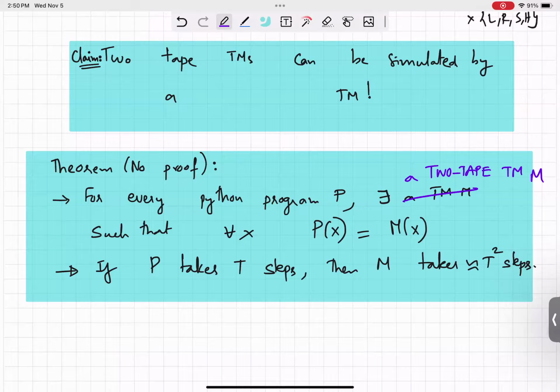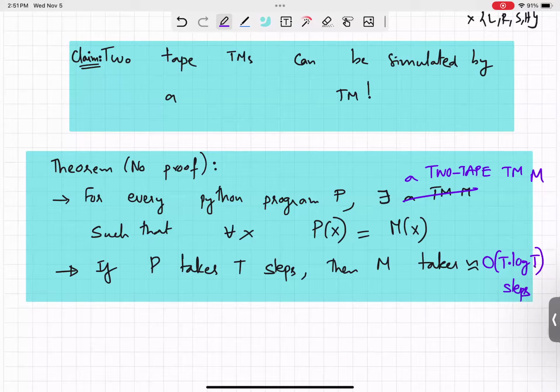A single-tape Turing machine is also a two-tape Turing machine. But if you allow me two tapes, then my simulation becomes t times log t. So I can simulate any Python program by a two-tape Turing machine where the overhead in time is only logarithmic.